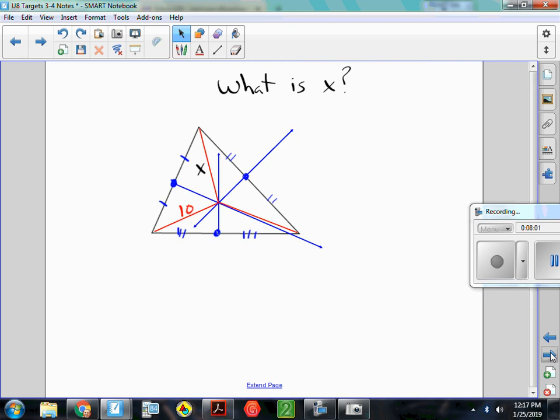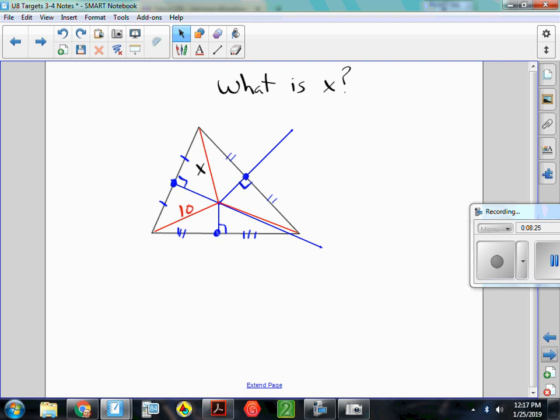So here's a simple problem of a triangle. The perpendicular bisectors are drawn in blue. I didn't have some of them go all the way through the sides. And sometimes in your homework problems in the book, they might take this blue segment and they might only draw it to there to try to make it easier to see less lines in the triangle.